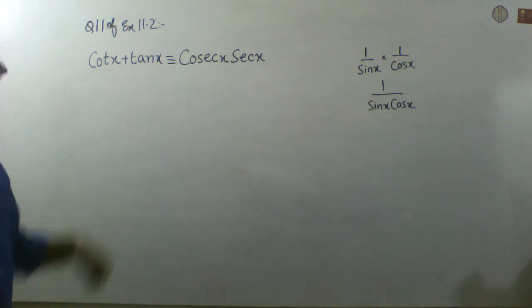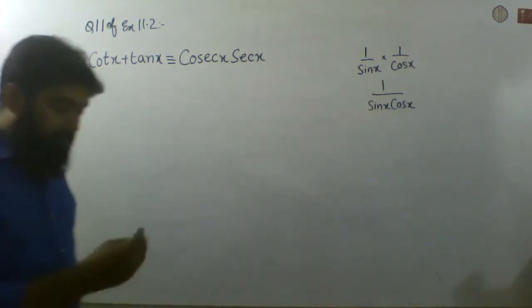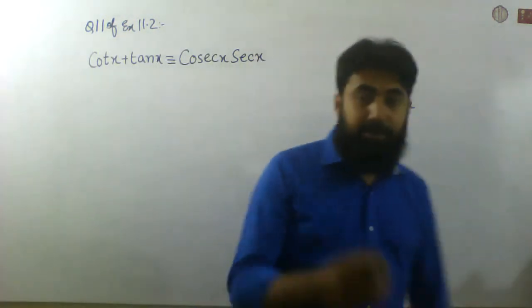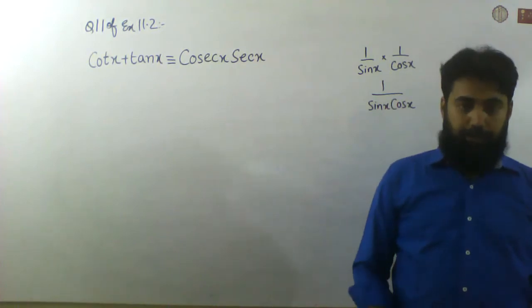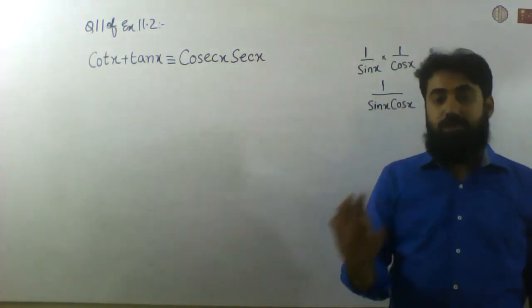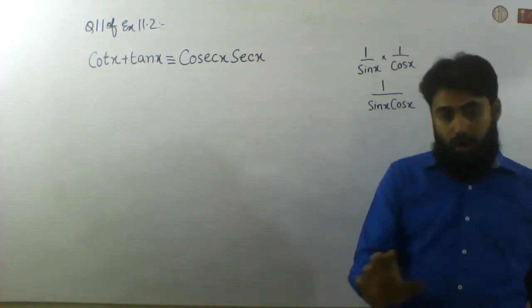Now cot x and tan x are there. Most questions can be solved if you shift your trigonometric ratios into sine and cos form. 90% of questions will be solved that way.